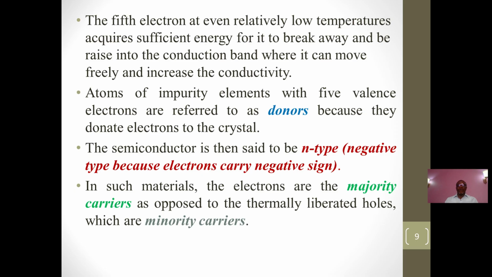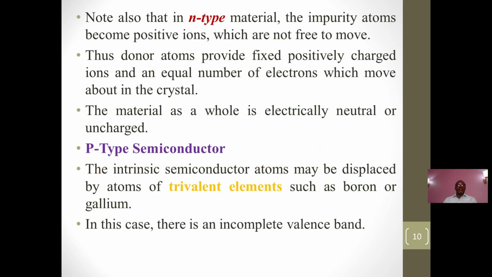That is, they are more. They are the ones that are liberated to move to the next atom and to the next atom, and that is what constitutes electric flow in that material.